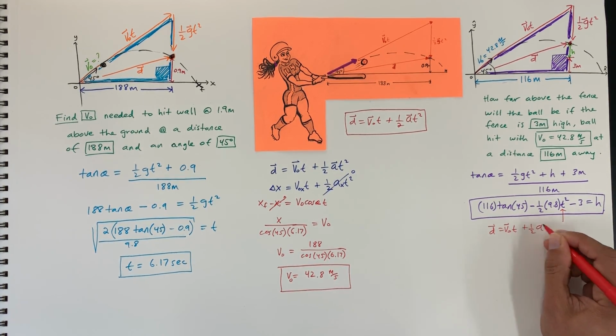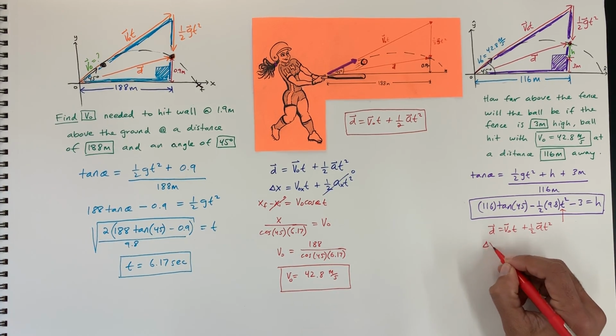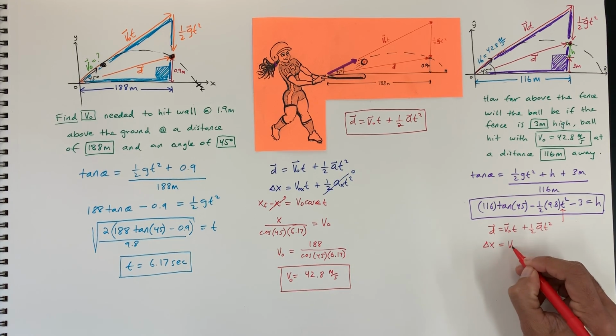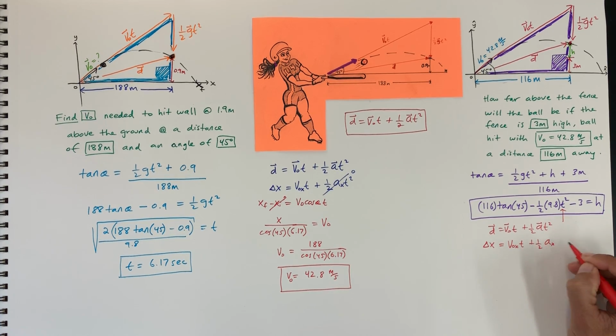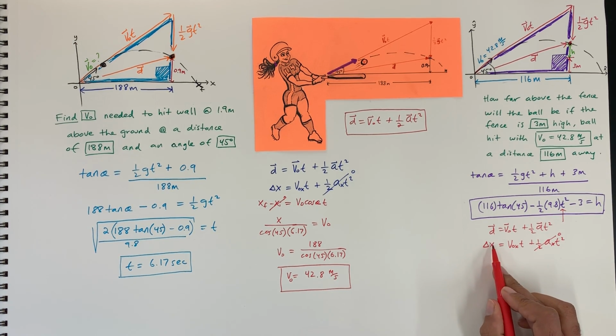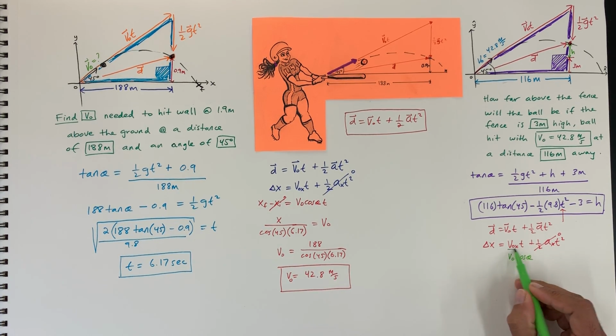Okay, so we're gonna use the displacement vector, and let's solve it for the x. So we have the change in x is equal to velocity initial in the x times time plus 1/2 a_x t squared. There's no acceleration in the x. All right, this is final minus initial. Velocity initial in the x, we know that that looks like velocity initial times cosine theta, right? We derived this already.